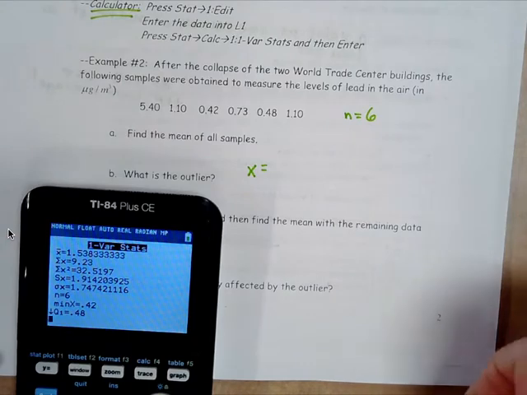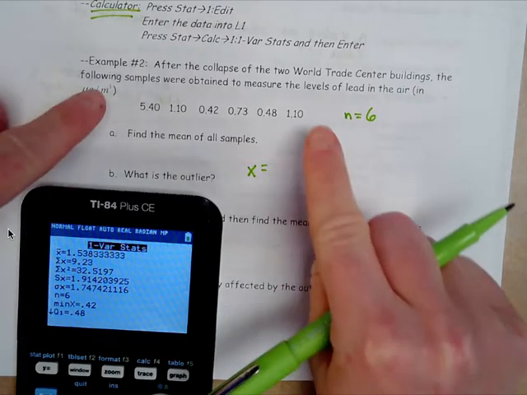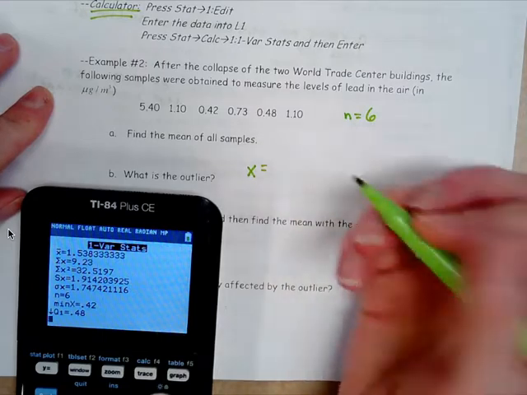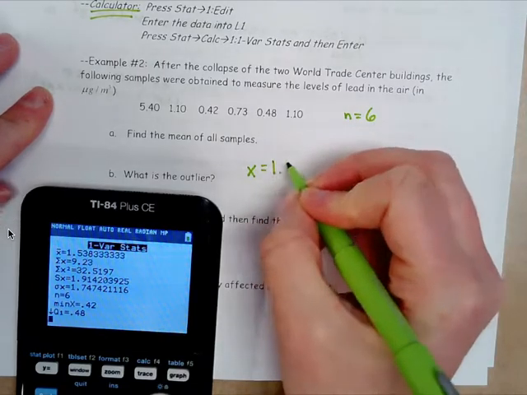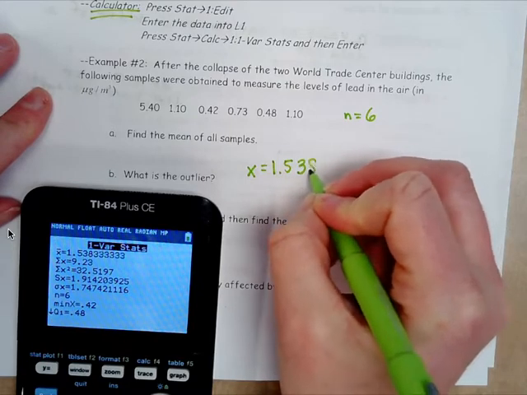And the way we are going to round is we are going to do one extra number than what was in the data. So this went to the hundredths place, so we're going to go to the thousandths place. So it'll be 1.538.